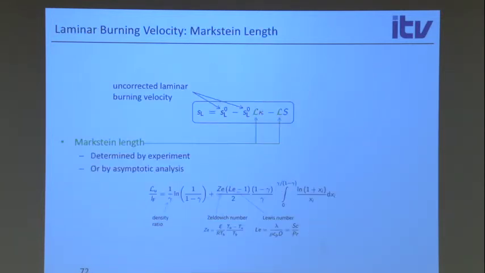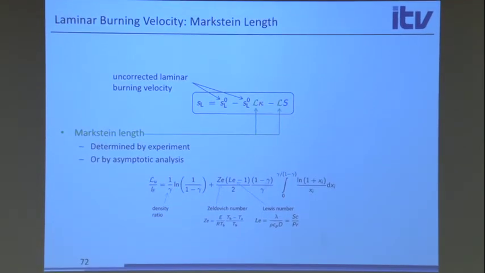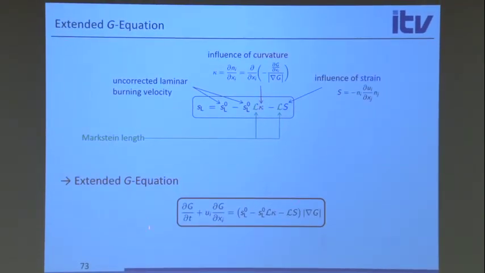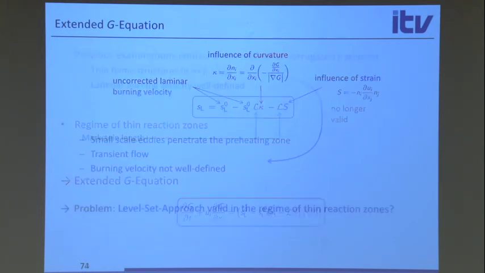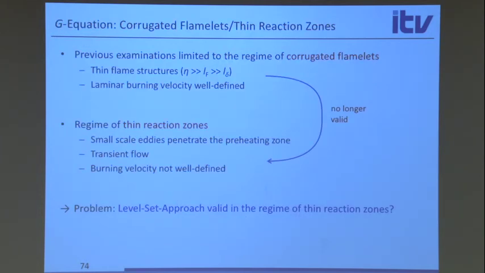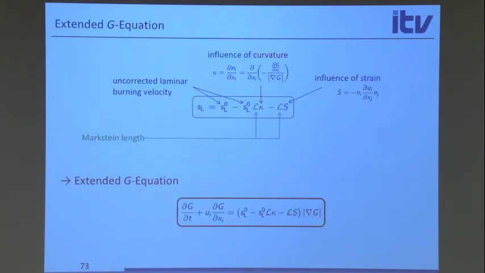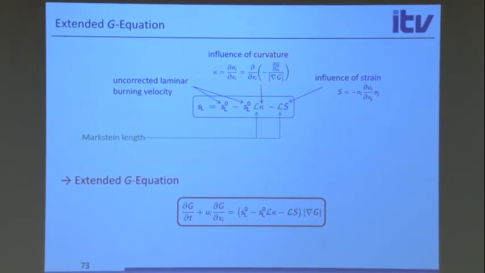And this we also discussed this week. And if I plug this in, I get this equation here, which describes the evolution of the front by a burning velocity, which is impacted here by strain and curvature. Okay, so let's stop here, and then in the next lecture we'll talk about how to extend that for the thin reaction zones regime.